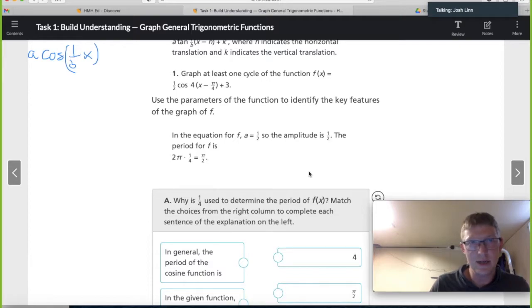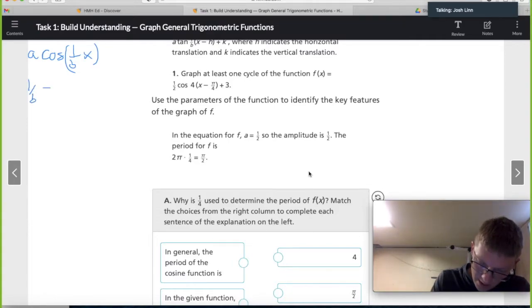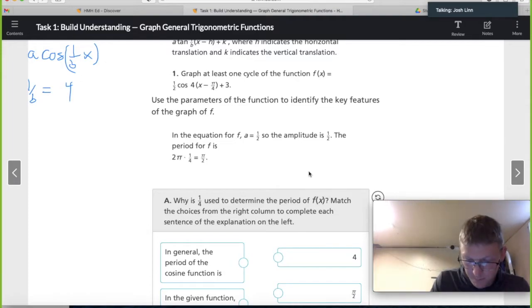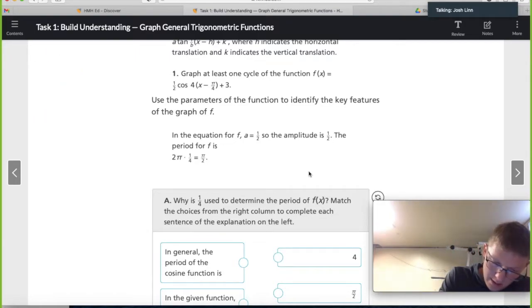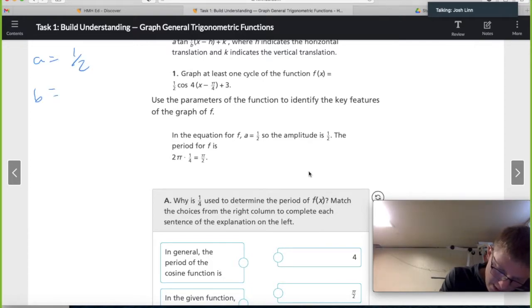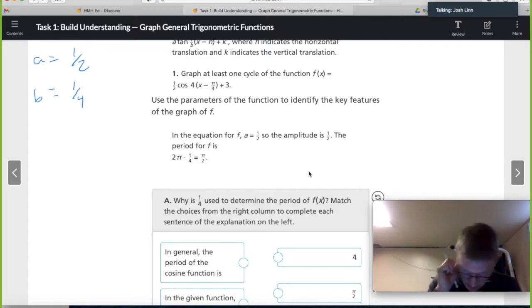So that b is 1/4, because again, we've got 1/b equals 4, so therefore b would equal 1/4. I just wanted to work that out visually so that we're all tracking on the same thing. So our a is 1/2, our b is 1/4.